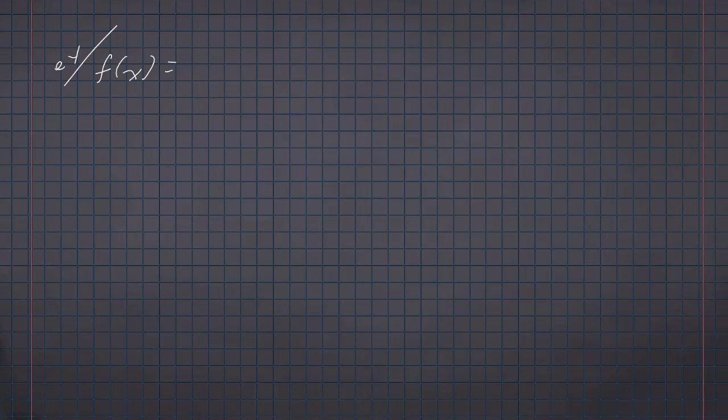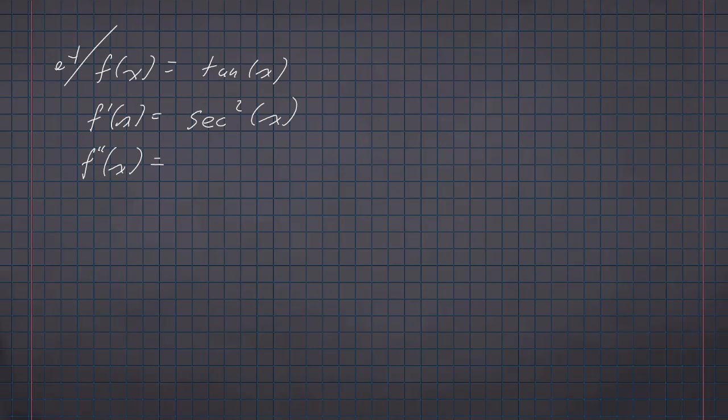So if I have a function like f of x is, say, the tangent of x, well, the derivative of that, we know, is secant squared of x. If I want the second derivative, well, that just means I want to take the derivative of secant squared x.